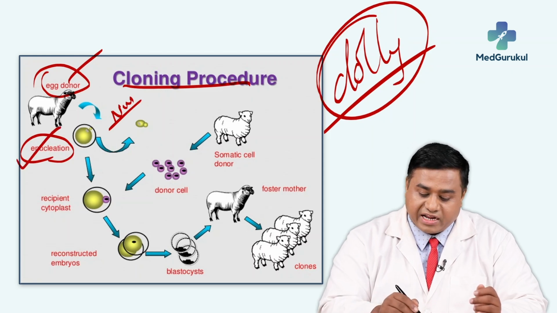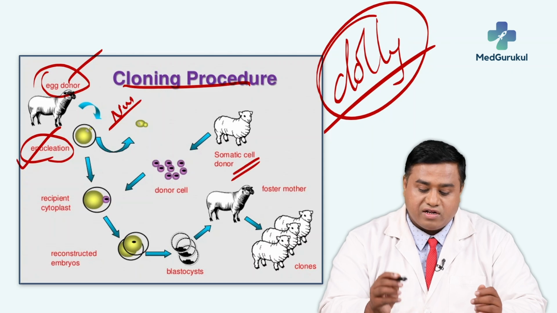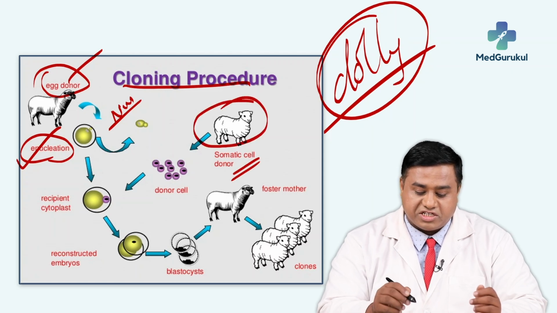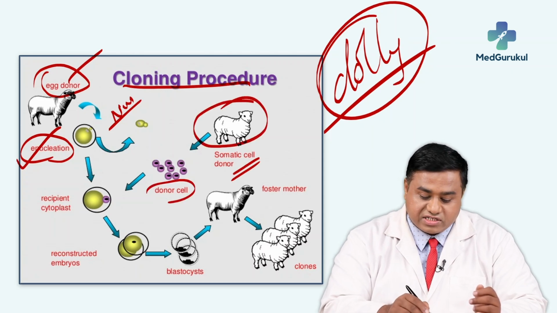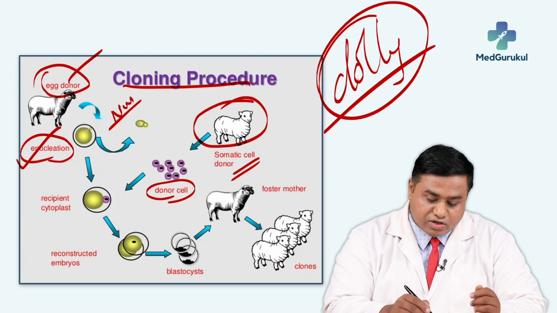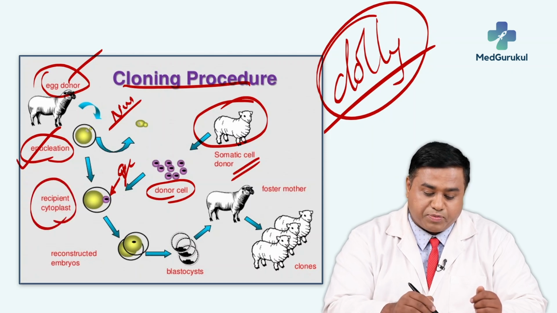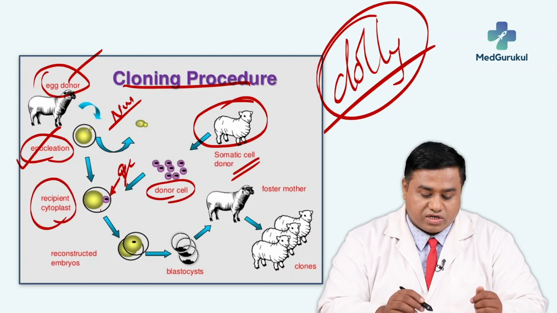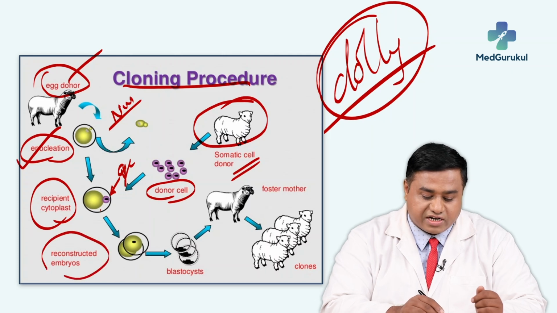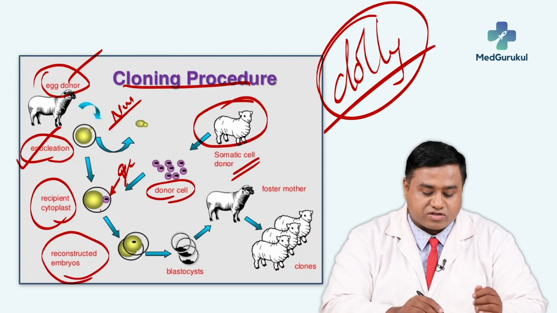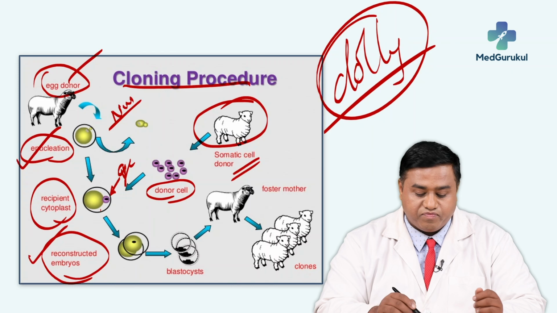From the somatic cell donor, if you want to clone this sheep, you take the genetic material and inject it into the cytoplasm of the recipient egg, and you produce an embryo which is called a reconstructed embryo.